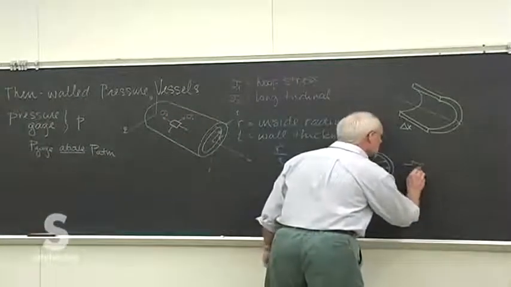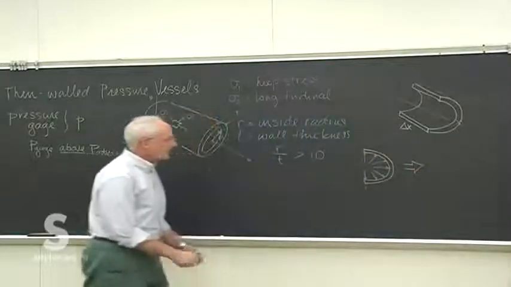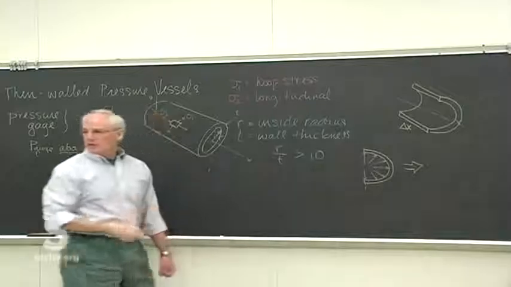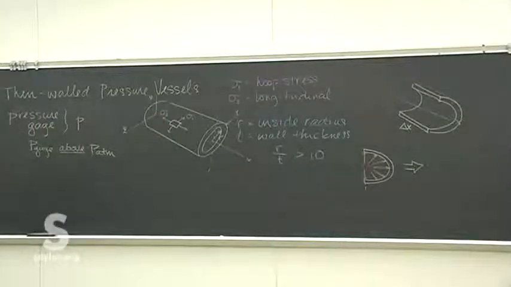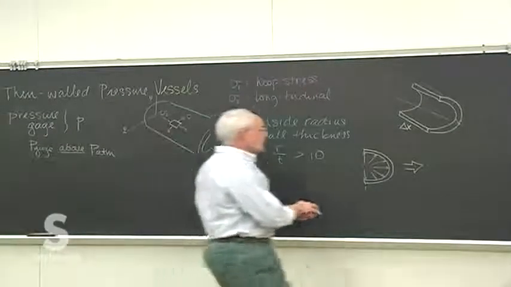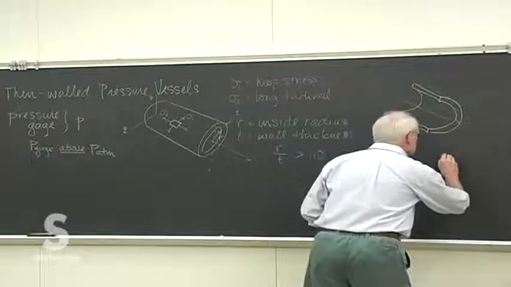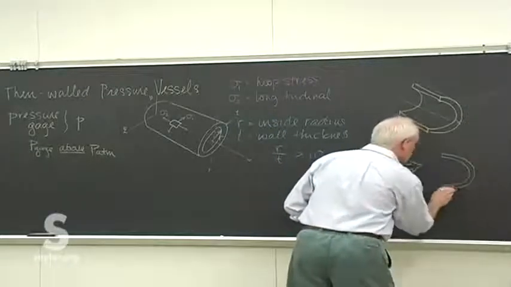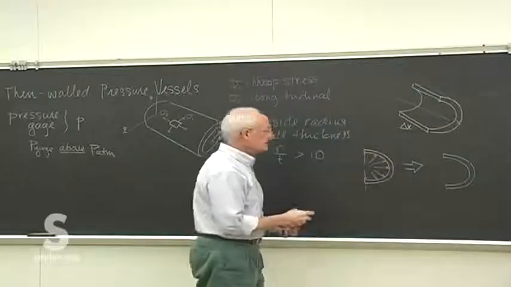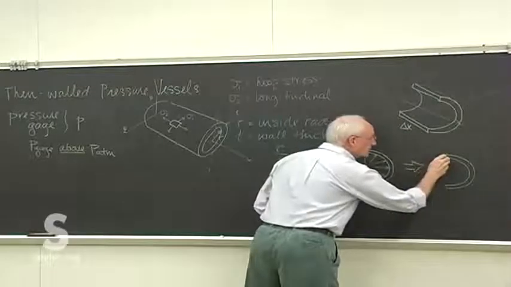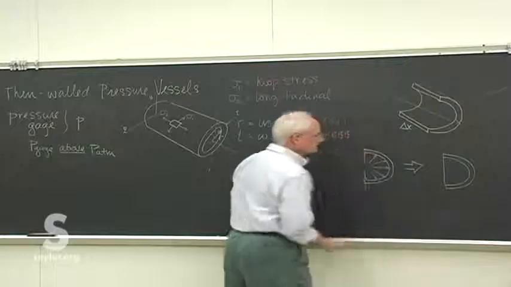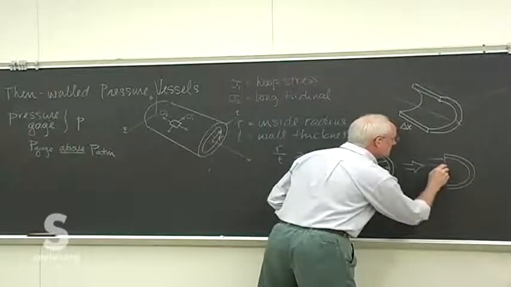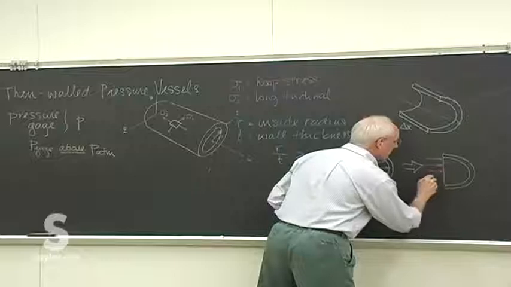It may seem somewhat problematic because you're going to need to integrate over the entire curved surface on the inside. What it turns out, though, to end up in result is very, very simple. You only need to look at the projected surface and the forces normal to that.